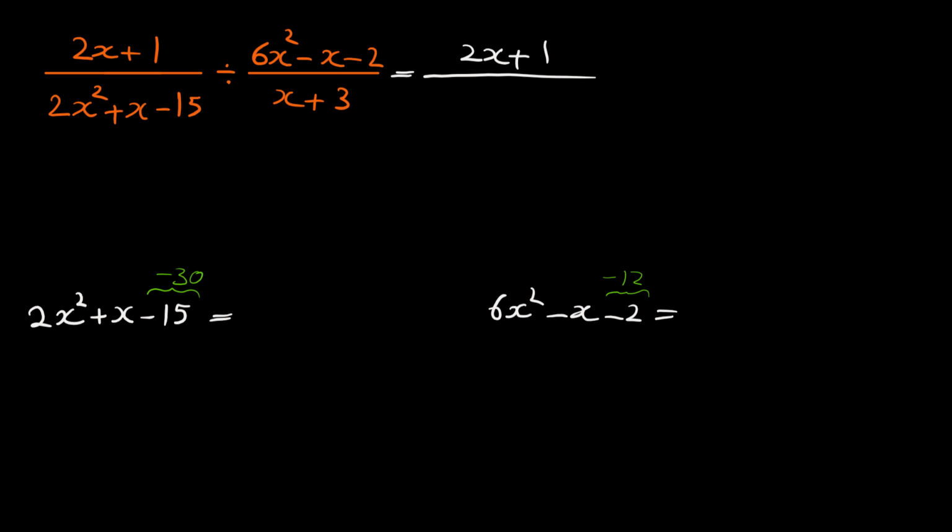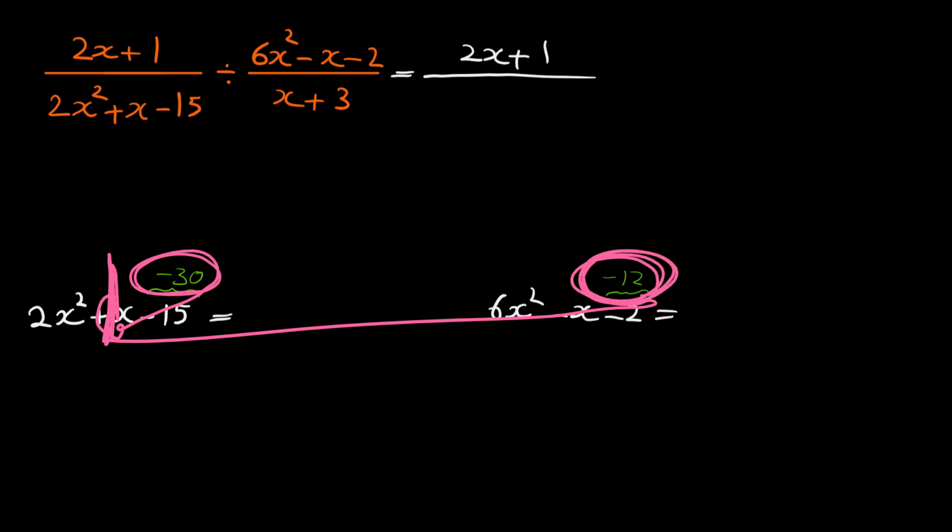Now we are looking for two numbers whose product is this and whose sum is this coefficient, which in this case is 1. Here we are looking for two numbers whose product is negative 12 and whose sum is negative 1.